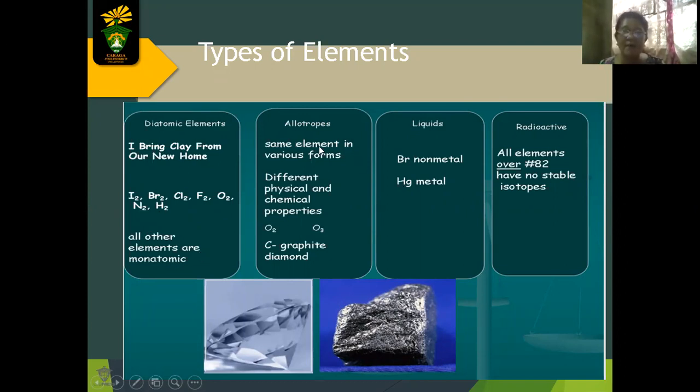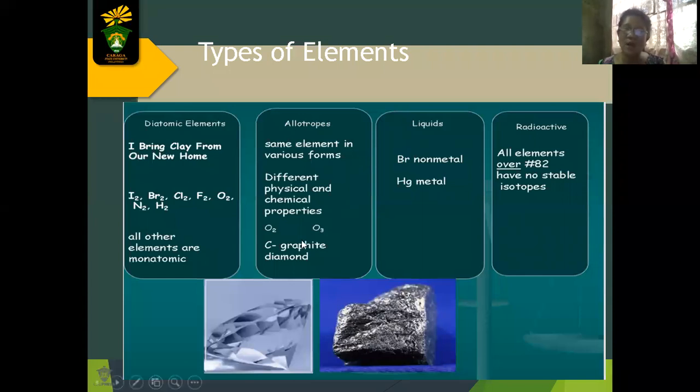The second type of element is the allotropes, meaning they have the same element in various forms. No? They have different physical and chemical properties. Pareho sila, pero nag-differ sila sa physical and chemical properties. Can you still remember our isotopes? Kana siya, di ba?